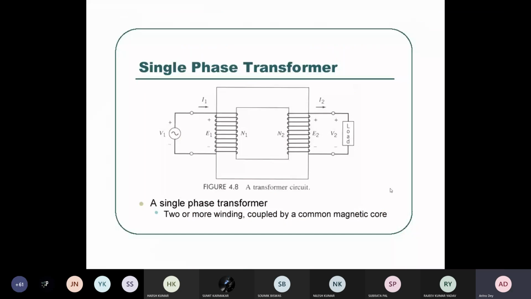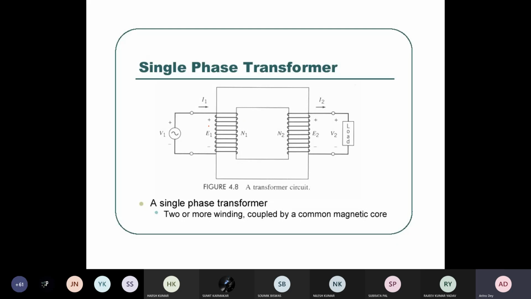Okay, so this is the schematic diagram of a single phase transformer, and here you have two or more windings coupled by a magnetic core. For representation purposes, we are not drawing the coils one over the other, but practically it is not like that.